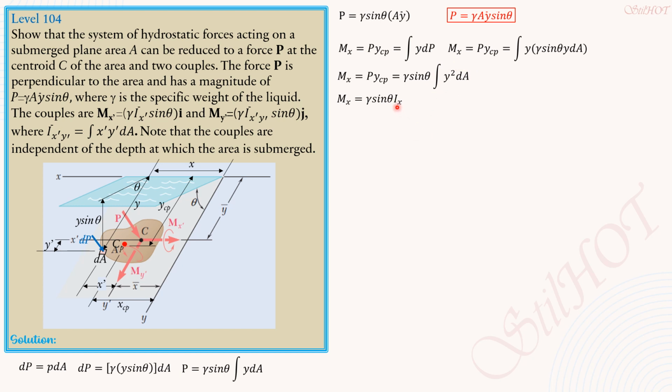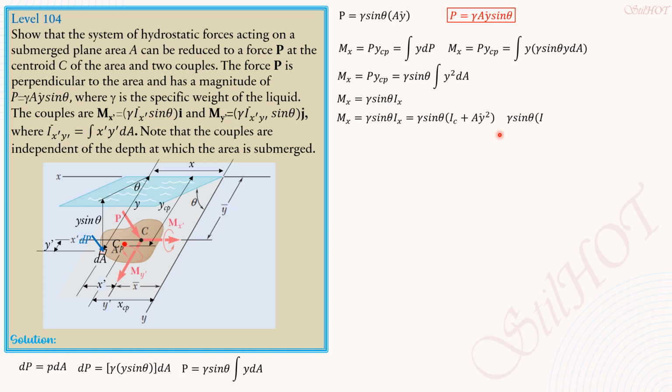Because Ix is equal to I x bar prime plus area times distance squared by the parallel axis theorem, Mx is gamma sine theta times Ix, and Ix is I sub c, or I x bar prime, plus area times y bar squared. That is the moment of inertia with respect to the centroidal axis, I x bar prime, plus area times distance squared, and the parallel distance between the centroidal x prime axis and the x-axis is y bar. That's why we have y bar squared here.